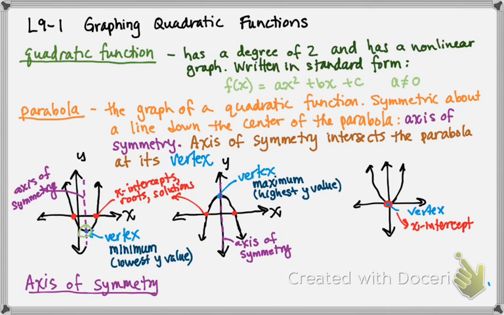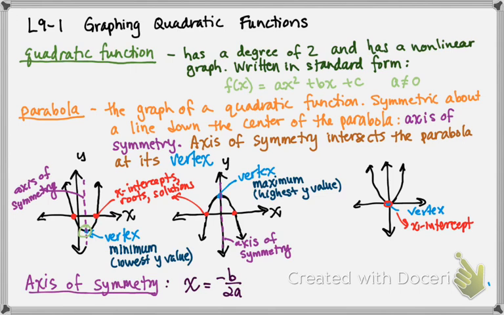So the axis of symmetry has a formula, and that formula is x equals negative b over 2a. So you might say, why is there no y involved? Well, remember, look at what kind of line that axis of symmetry is.